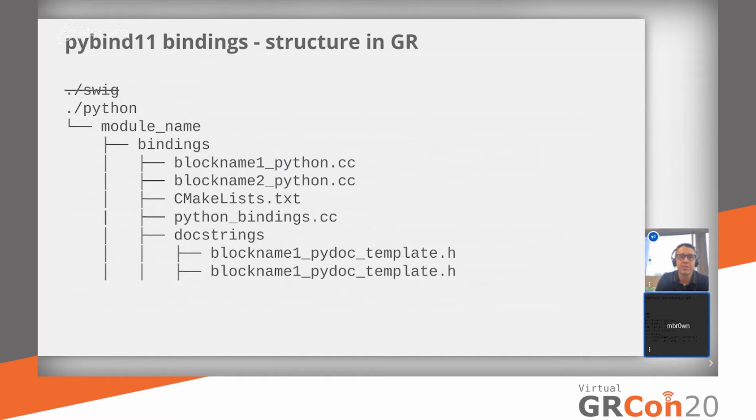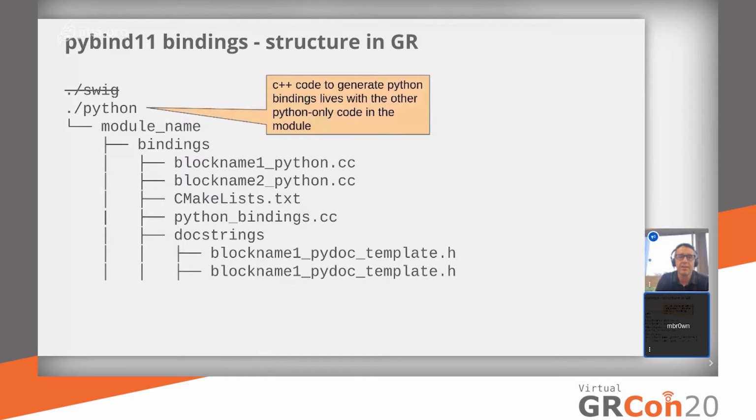So the directory structure here. First of all, the SWIG directory is gone, no longer needed. Now, in the actual Python directory, it's funny, there's going to be C++ code that lives in the Python directory, but it seemed to make the most sense for now for all the Python bindings to live in the Python directory of the module.